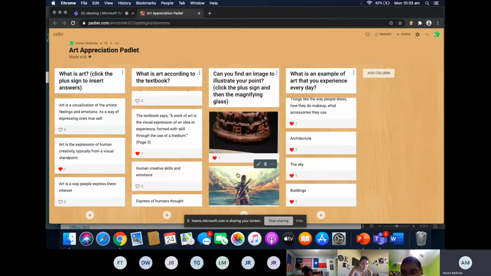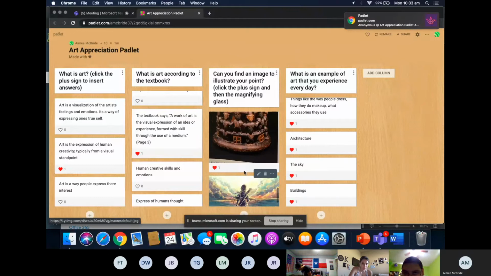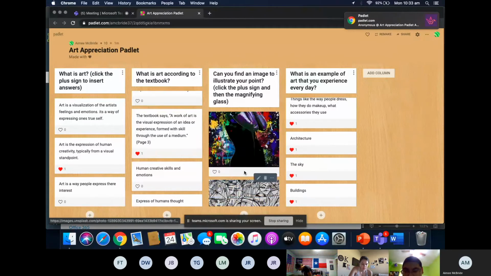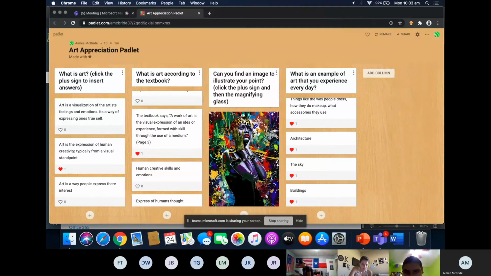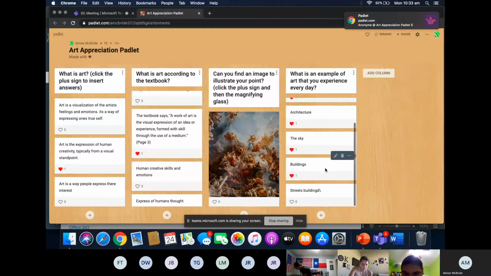This one's in our textbook. I like this. Awesome. Oh, yeah. Street buildings.